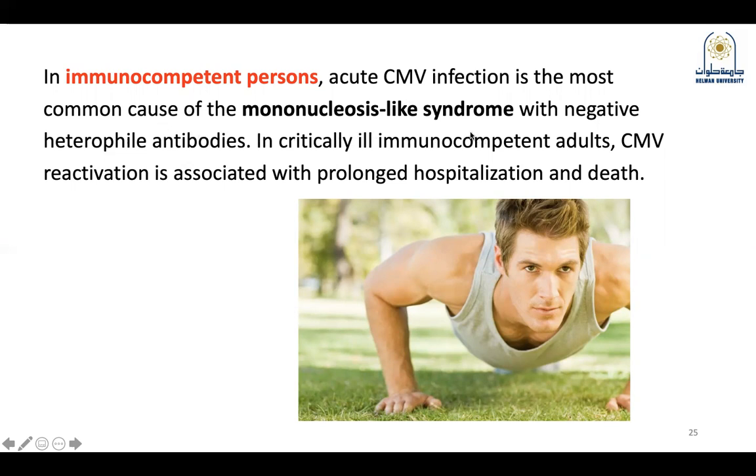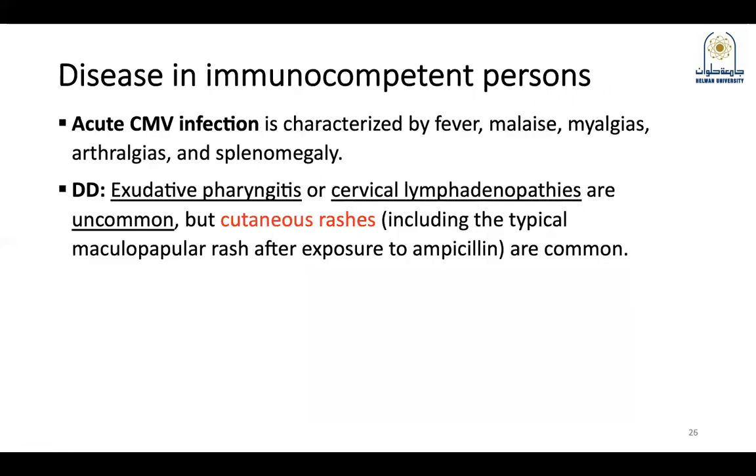As we mentioned, this is one of the 6 or 7 differential causes of mononucleosis-like syndrome with negative heterophile antibodies. Pharyngitis might happen with cytomegalovirus because the virus is from the same family as the Epstein-Barr virus. In critically ill immunocompetent adults, cytomegalovirus reactivation is associated with prolonged hospital stay and maybe death, but this is very rare.